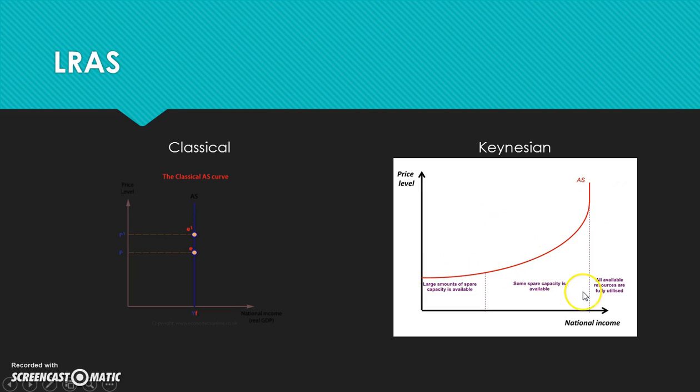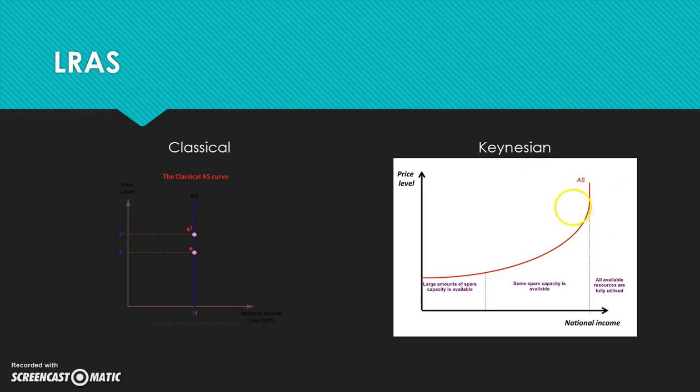So with Keynesian, it doesn't assume that businesses are always working at full capacity. It assumes that businesses generally will have some sort of spare capacity, at least to start off with. And as demand rises more and more and more, the business will use its spare capacity to meet that demand.